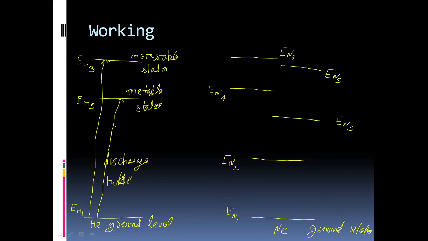Let me discuss the transitions here. The work of the helium atom is to excite the neon atom to the metastable state, and the energy is transferred to the neon by collision.